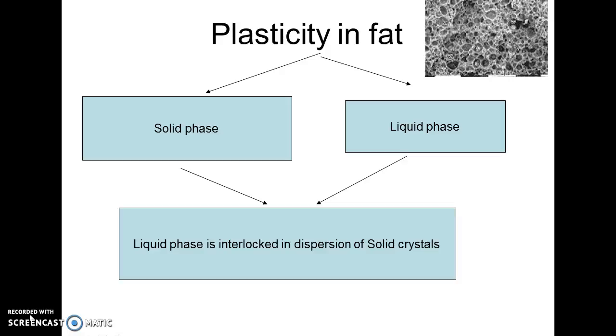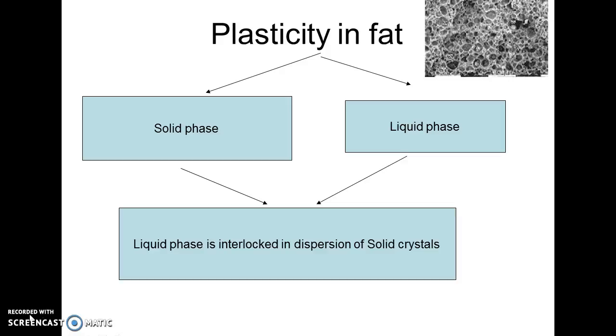Now, plastic fat is basically a blend of two phases of fat, that is, one is fat in solid phase, another is fat or oil in liquid phase. And the main condition of plasticity is that the liquid phase should be interlocked in the dispersion of the solid crystals.